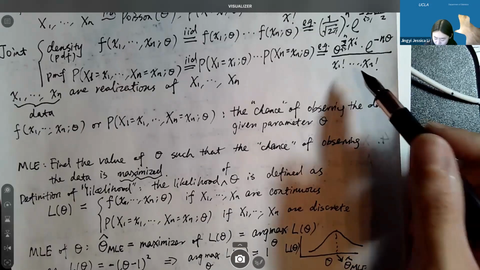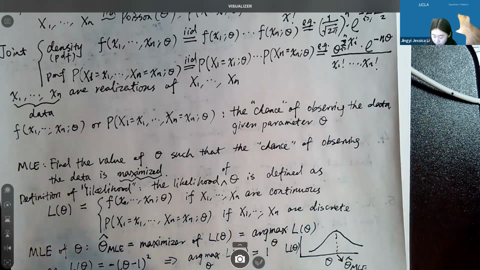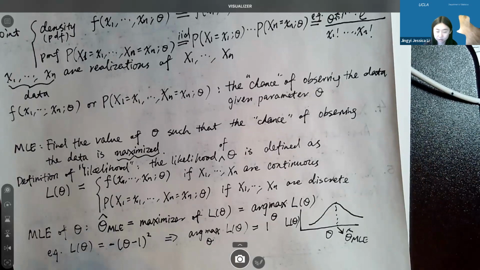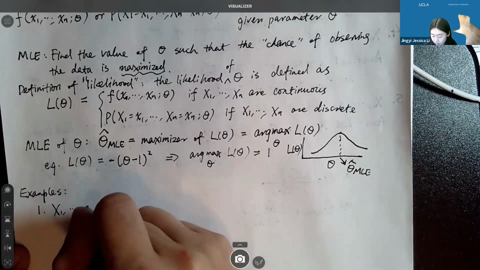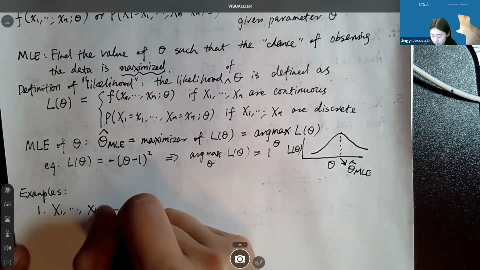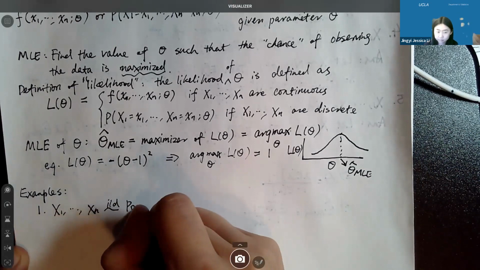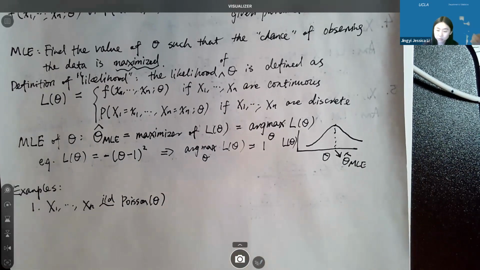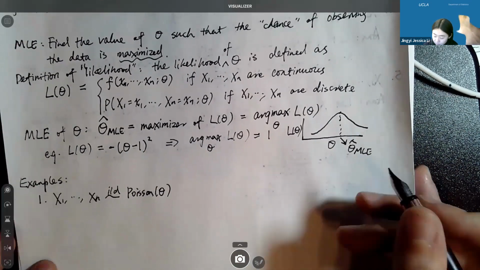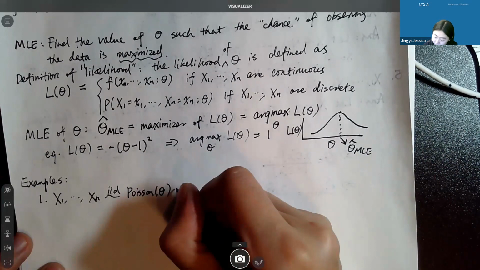So let's do it. The first example: let me scroll down. X1 to Xn are IID Poisson with parameter theta. Based on what we just said, let me see how to find theta hat MLE.